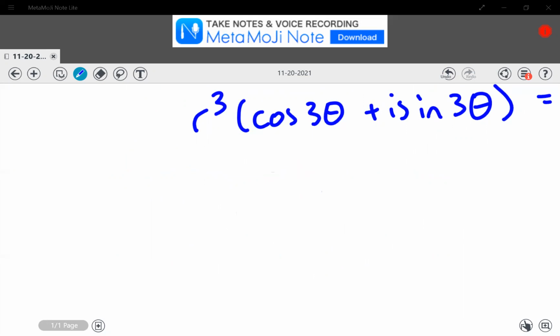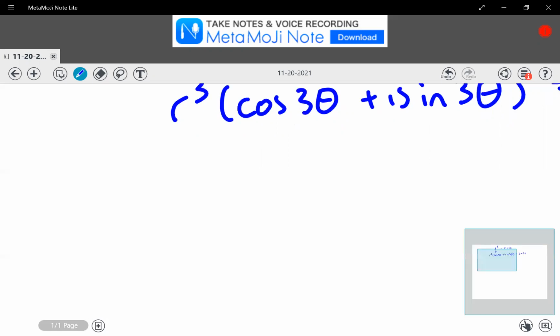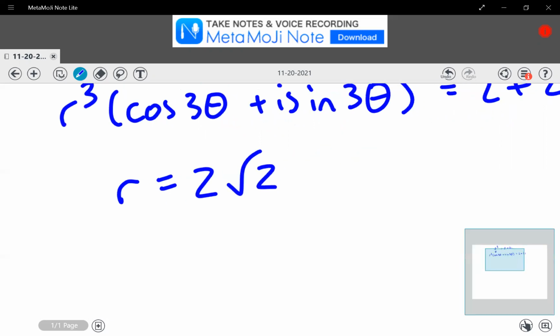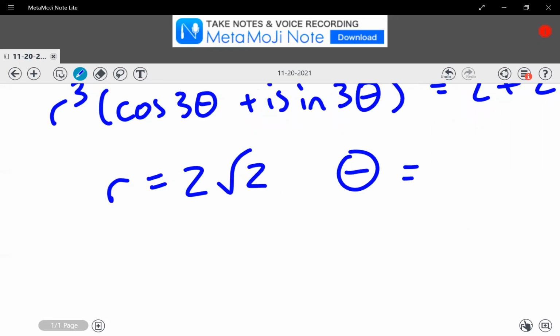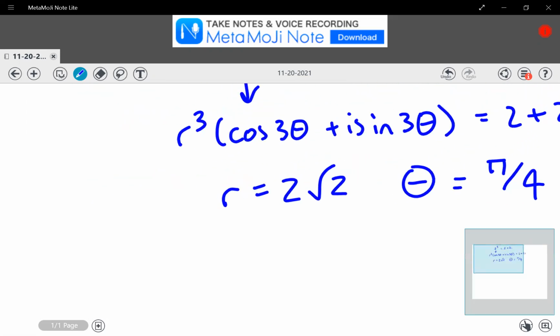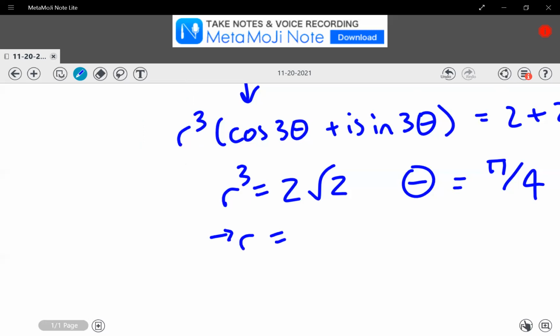Hold up, gonna check my calculator. Right, modulus. Right, so we get that r is going to be 2 root 2, and theta is going to be equal to pi over 4. Or at least in this case, r cubed is 2 root 2 because we're solving for r cubed, which means that our r is root 2.